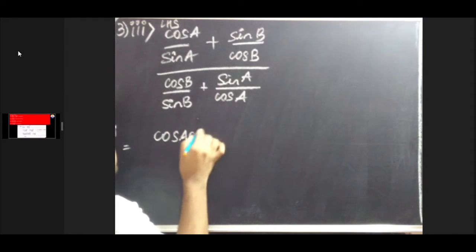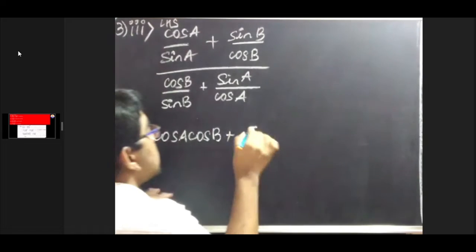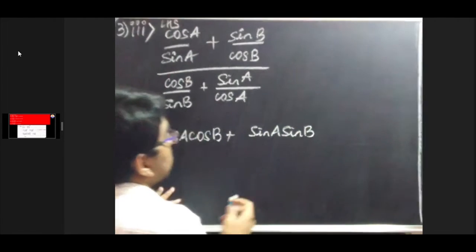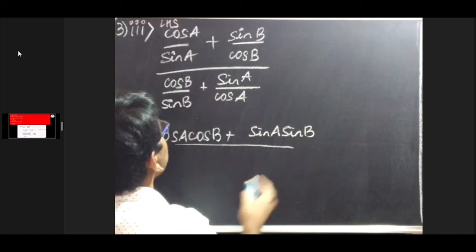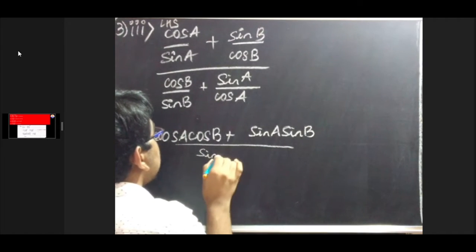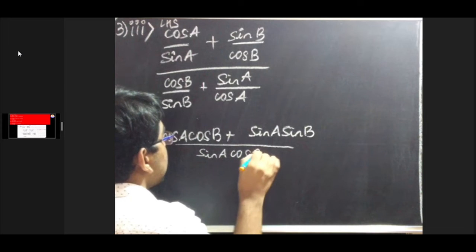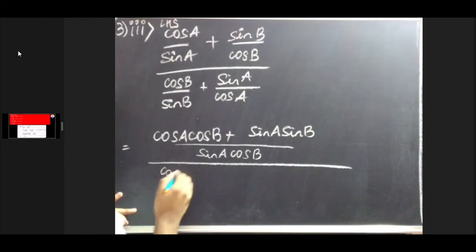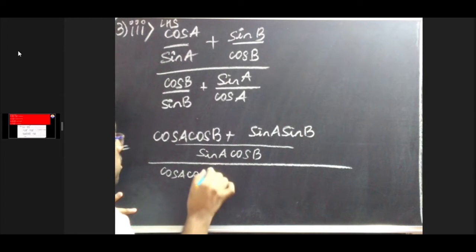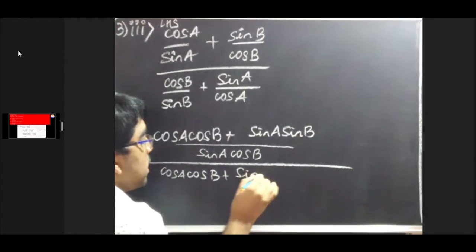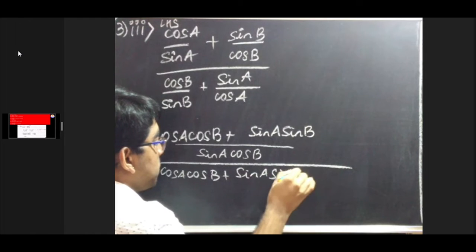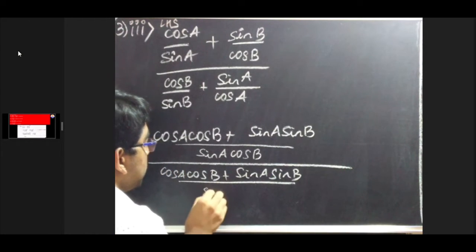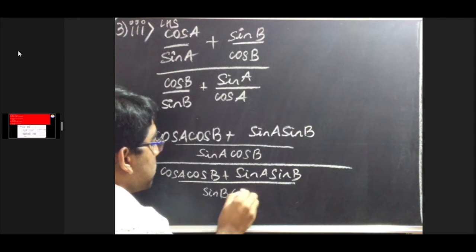Cos A cos B plus sin A sin B divided by sin A cos B, all divided by cos A cos B plus sin A sin B divided by sin B cos A.